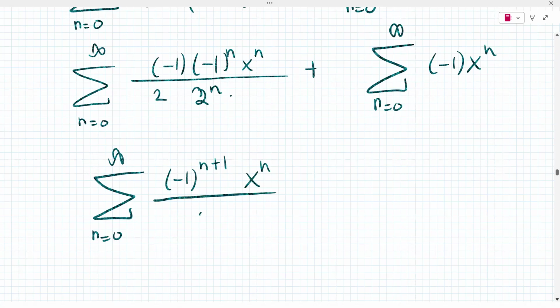There, 2 plus 2 raised to the 1 plus n plus negative 1 to 1 x^n.